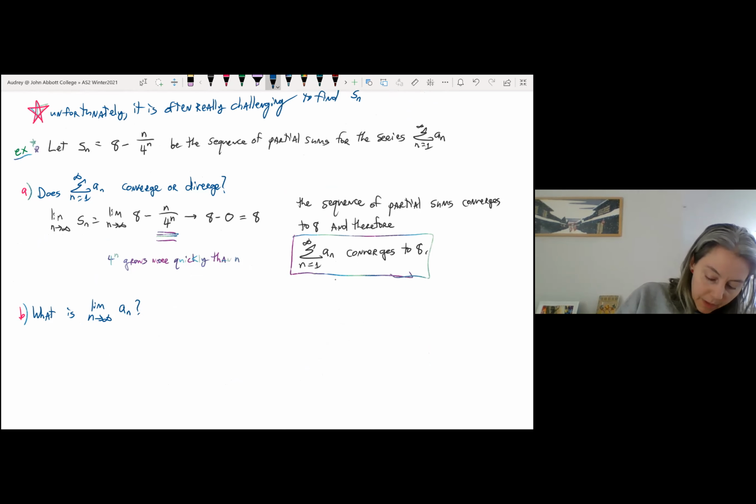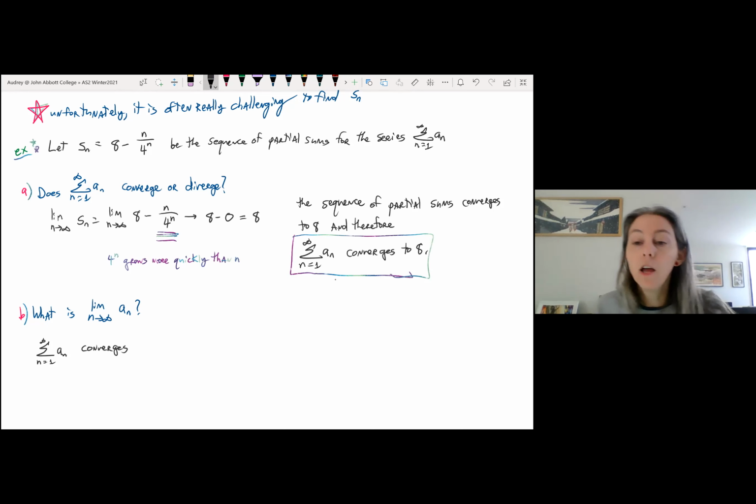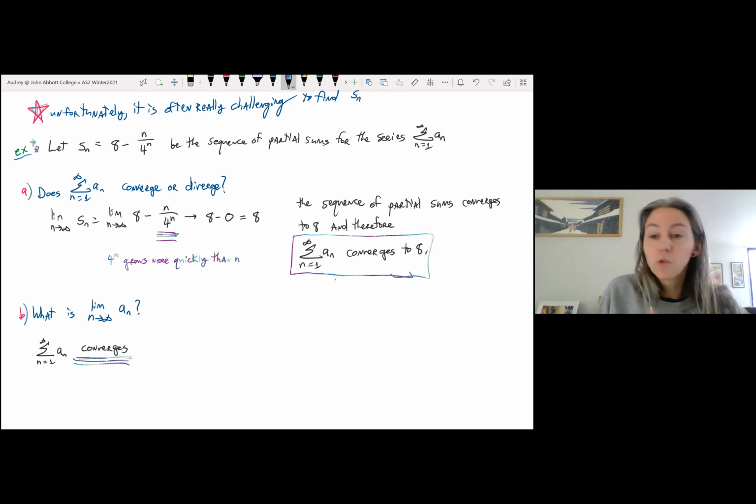The sum of n equals 1 to infinity of a sub n converges. If it converges, then we know that the limit of a sub n has to be 0. Because if it were not 0, then the test for divergence would have told me that it diverges. Remember, the test for divergence says if the limit doesn't equal 0, it diverges. If it does equal 0, do something else.